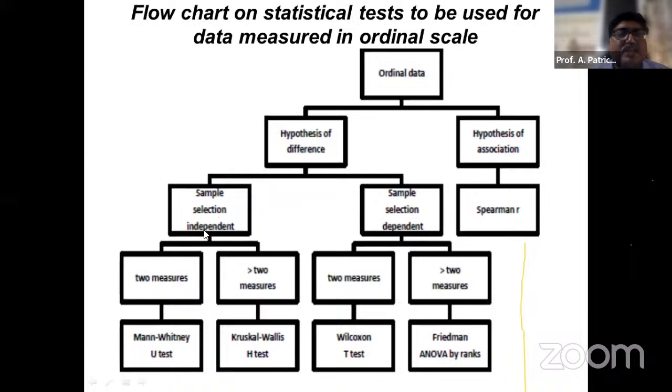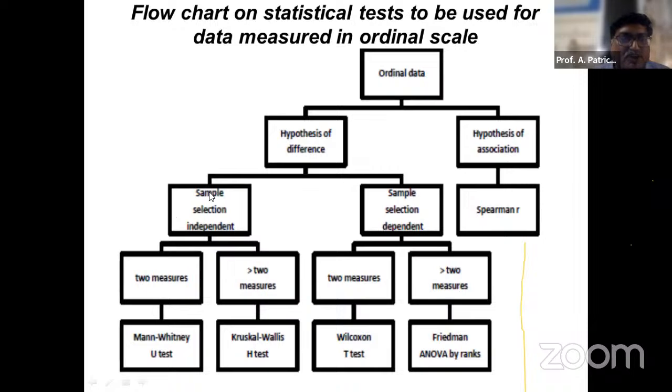So sample selection is independent or dependent. Here you have 2 measures or more than 2 measures. We use ANOVA, Wilcoxon t-test. Be careful with the small t and Wilcoxon. This is capital T. Small t is parametric. Wilcoxon capital T is non-parametric, right? Kruskal-Wallis is the H test. Mann-Whitney is the U test. More than 2 measures, then 2 measures only.